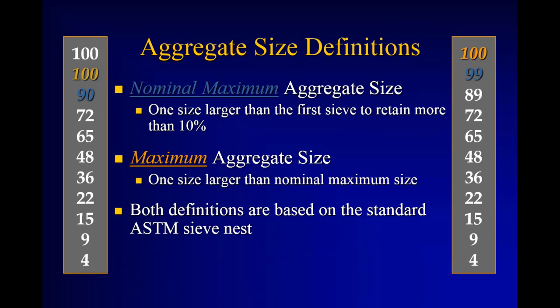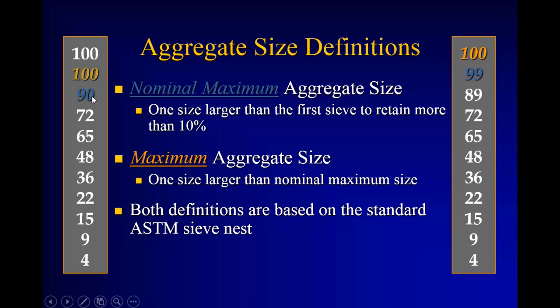Important definition though, and Superpave established a common definition across the country for these maximum and nominal maximum aggregate size. The nominal maximum aggregate size of our mix is the first sieve one size larger than that sieve that retains more than 10%. So as we look at our gradation here on the left, for example, this sieve is the first sieve to retain more than 10%, in this case 28%.